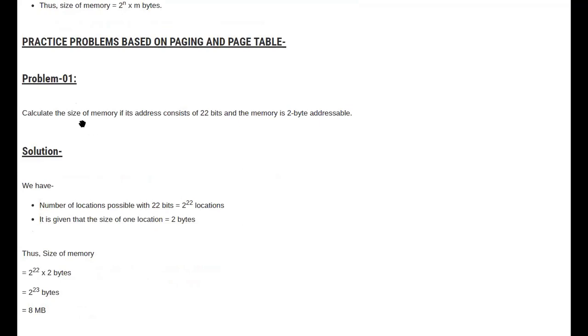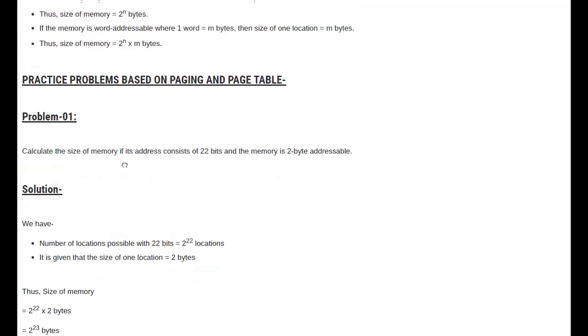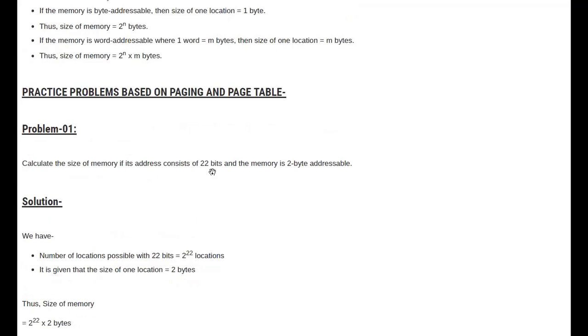Now here is a simple question. Calculate the size of memory if its address consists of 22 bits and the memory is 2 byte addressable.